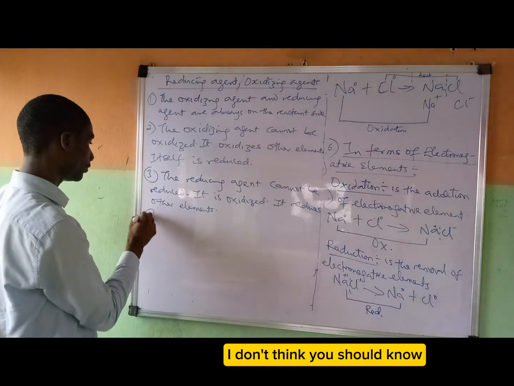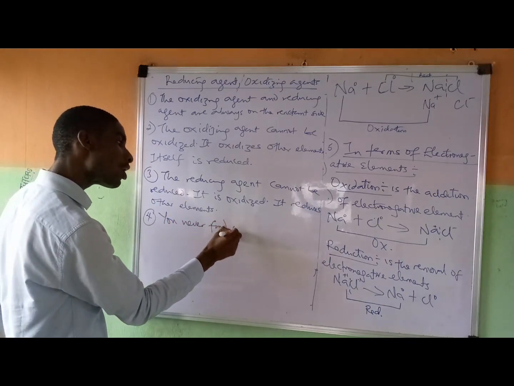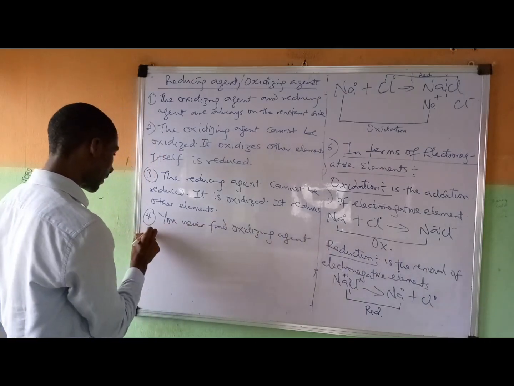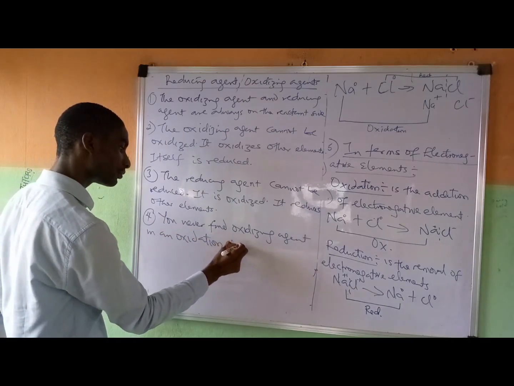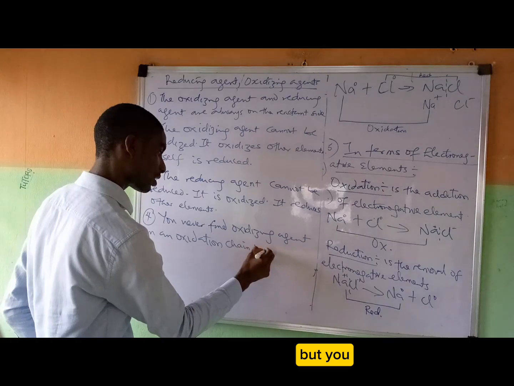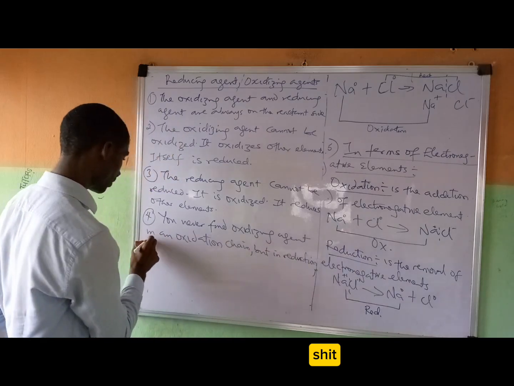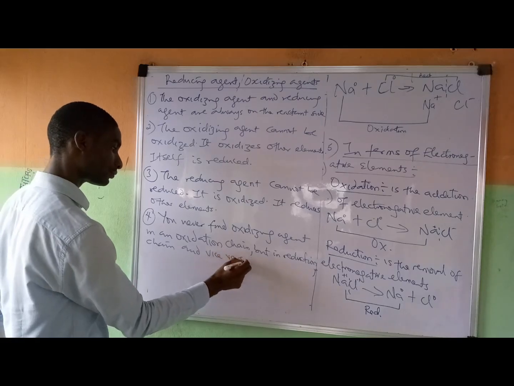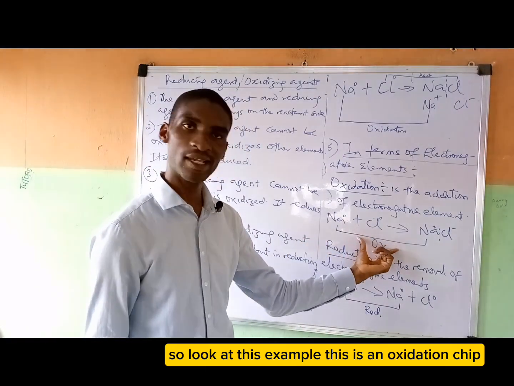Another thing you should know, you never find oxidizing agents in an oxidation chain, but in reduction chain, and vice versa. So that means if you draw an oxidation chain, look at this example.